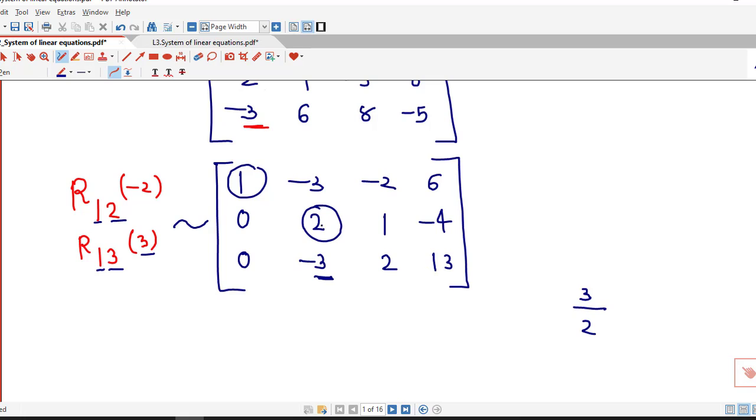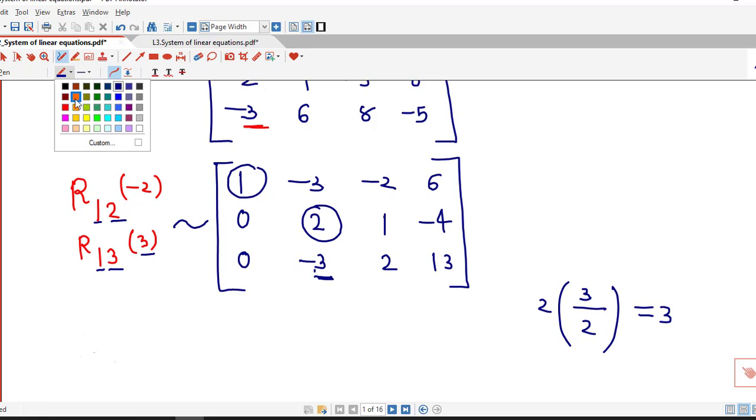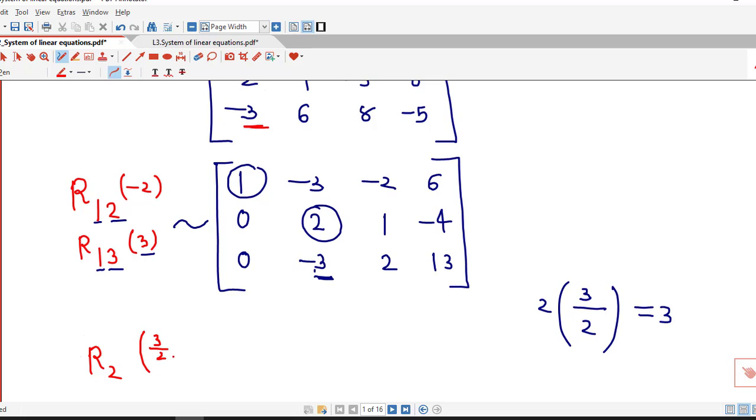If I multiply this 2 by 3 by 2, I will obtain 3, and if I add that multiple here, I will obtain 0. So the next operation is multiplying the second row by 3 by 2 and adding it to the third row.